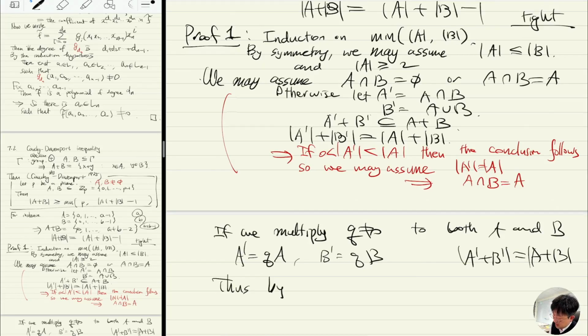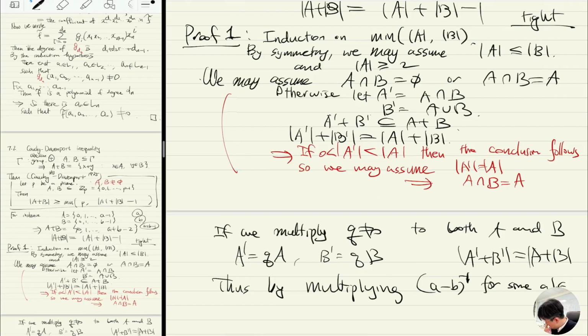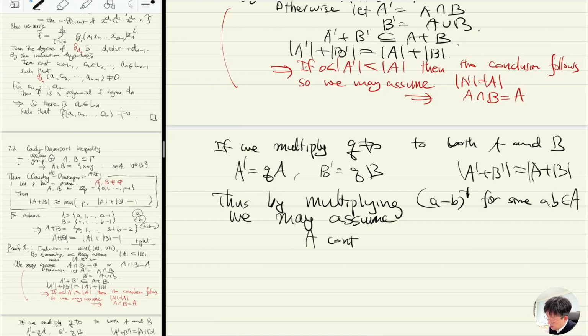Thus, by multiplying A minus B inverse for some A, B in A, we may assume A contains two consecutive elements, right?